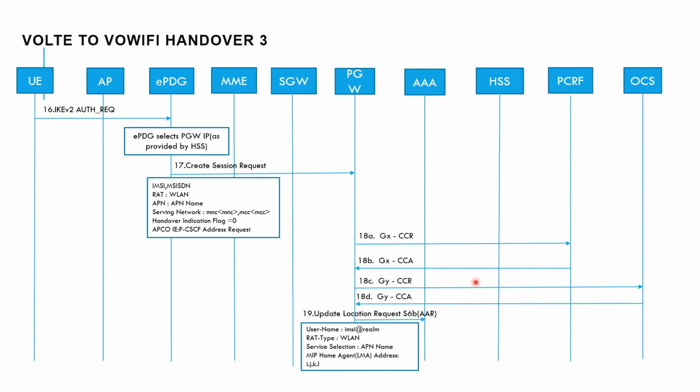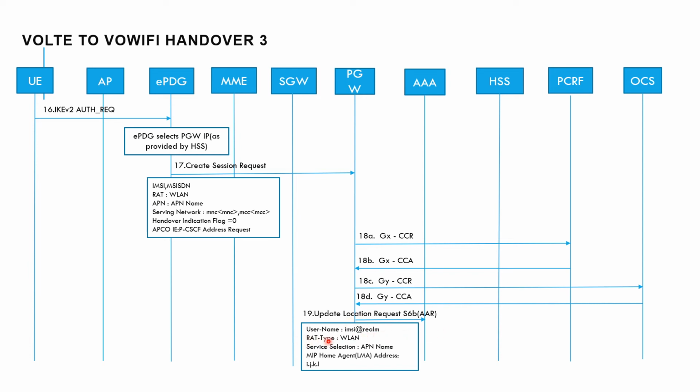Now it has to update the OCS for any charging. So it is via the Gy CCR message to the OCS, and then the Gy CCA to the P gateway. Then the update location request is sent on the AAR diameter message on the S6b interface towards the AAA, with which the P gateway updates the AAA with its address.